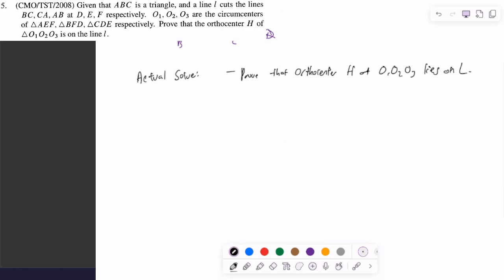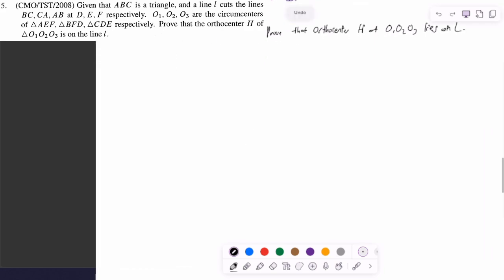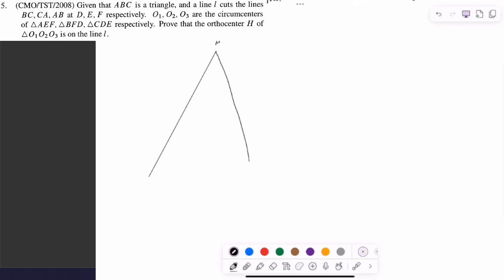And first of all, let's draw the diagram. Should I draw bigger? Fine, I'll draw bigger. Let me draw it down a bit more. Okay, so this is A. Let's draw C somewhere here.